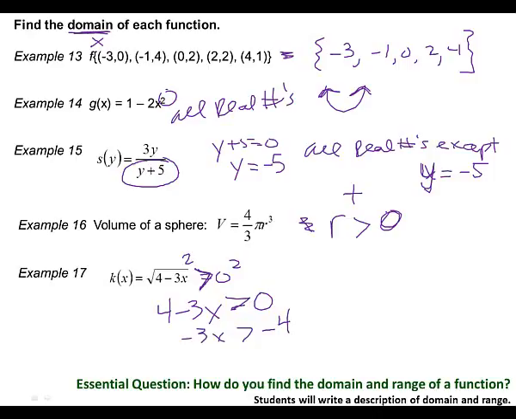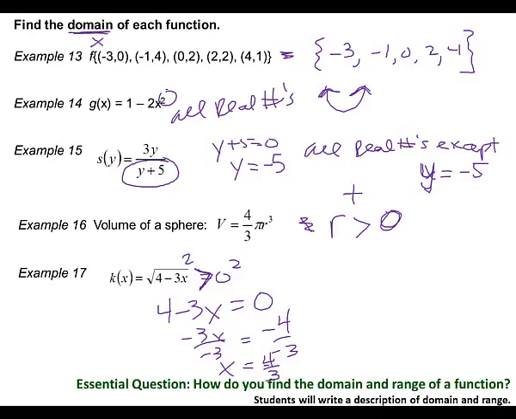When I square 0, I get 0. When I square a radical, I get rid of the radical. How do I move the 3? Divide by -3, so I have to swap the sign, right? That's not correct. I shouldn't have put the inequality sign in. My inequality sign is the wrong direction, so I'm going to leave it as equals. So that's my exception.